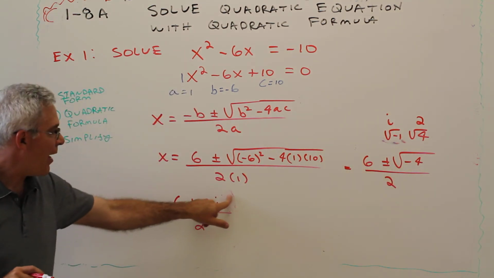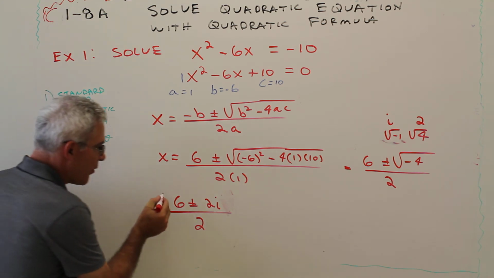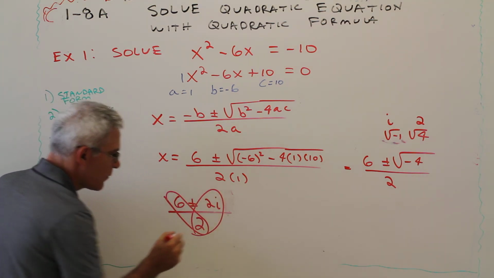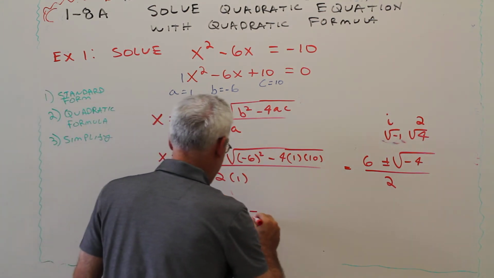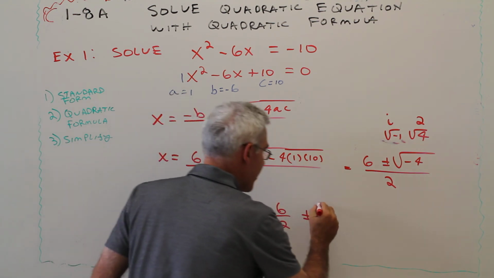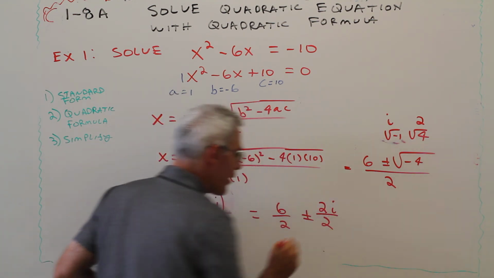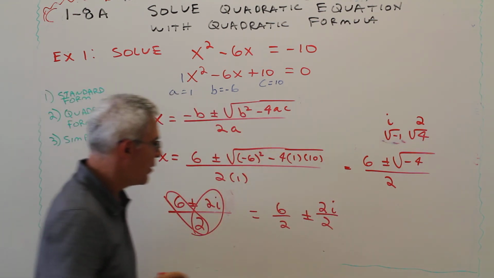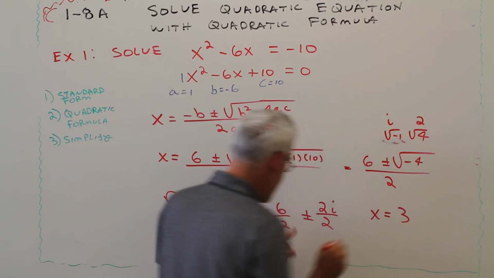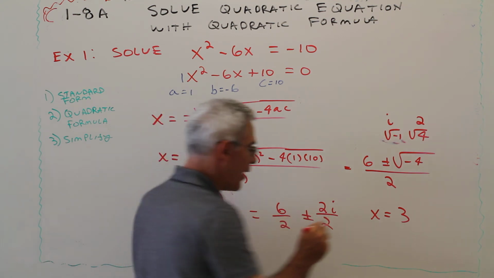All right, then what I like to do is crisscrossing bubbles. So I'm going to write that as 6 over 2 plus or minus 2i over 2. So x is going to be 3 plus or minus i.